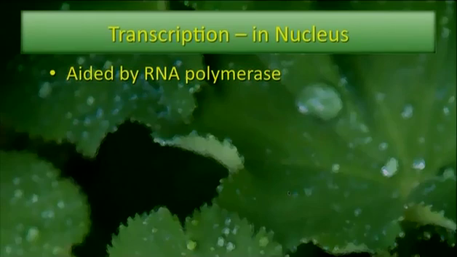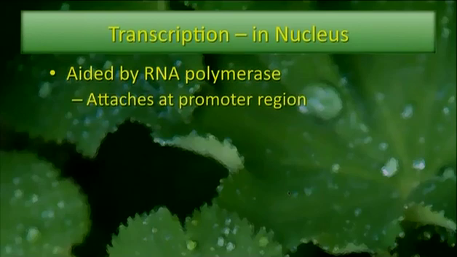First of all, the RNA polymerase attaches at an area called the promoter region. The promoter region is a sequence on DNA that acts as a flag to signal that a gene is ahead. It causes the enzyme to associate with one strand of the DNA and begin copying the gene.